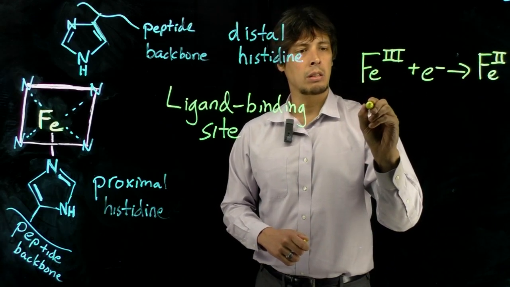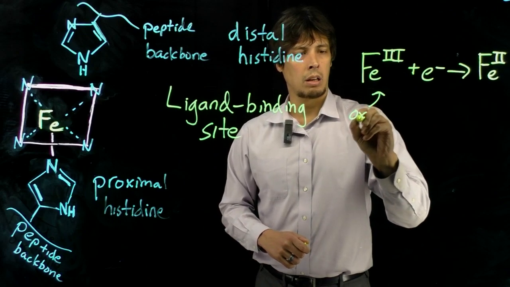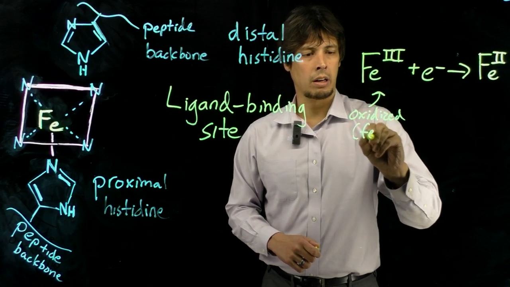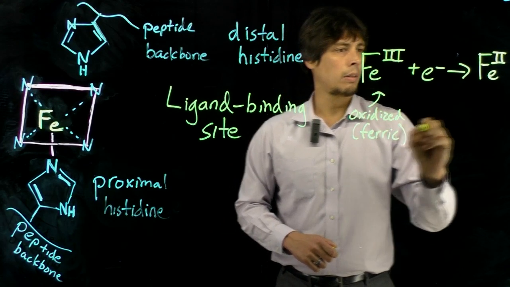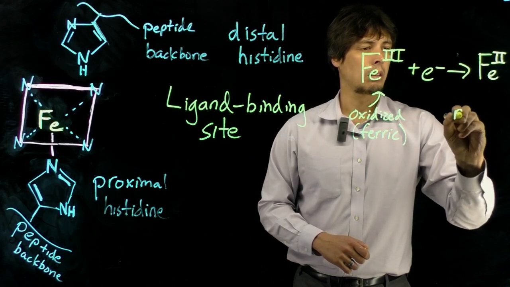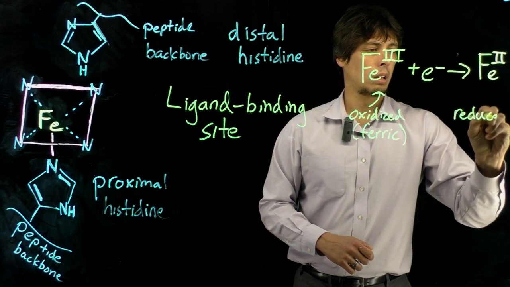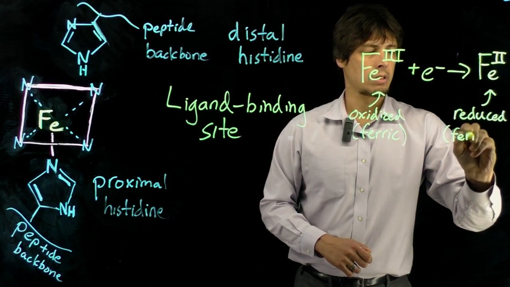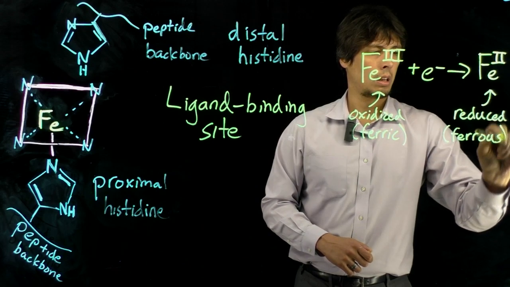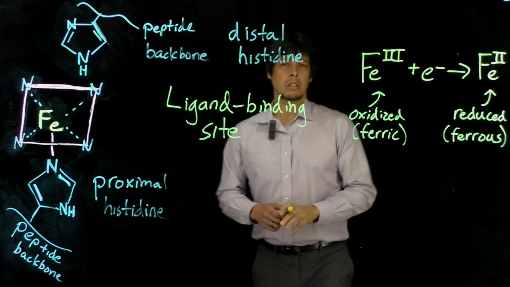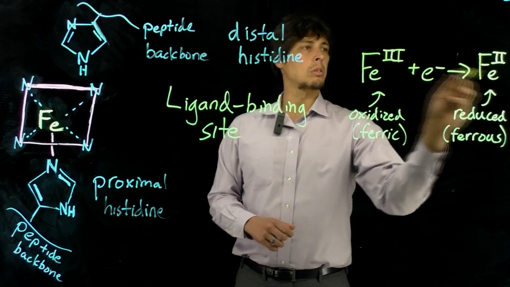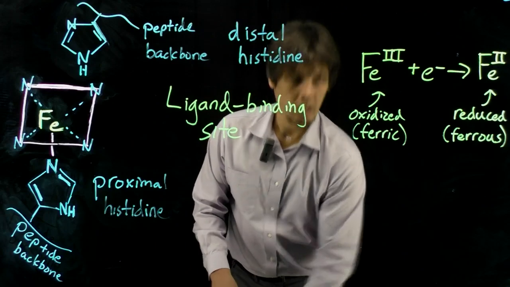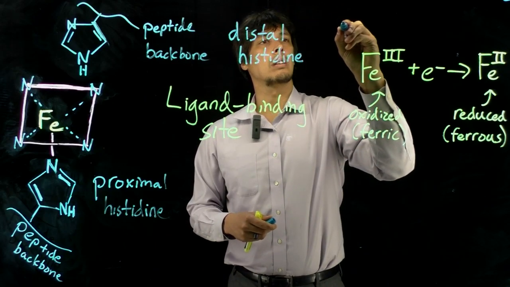So iron 3 is oxidized, or ferric, and iron 2 is reduced, or ferrous. These can cycle in hemoglobin between these 2 oxidation states. These are iron oxidation states.